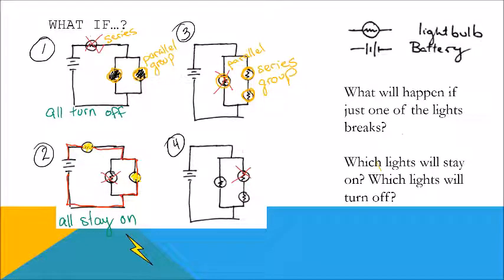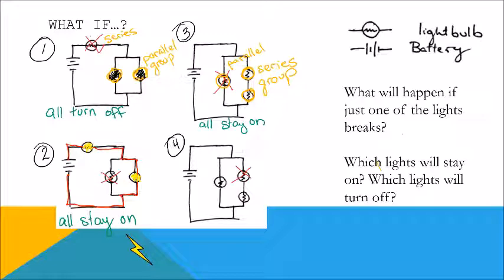So if that single parallel light bulb breaks, what will happen to the series group? Will both lights stay lit, or will they both turn off, or will one do one thing and the other do another thing? In this case, all stay on.